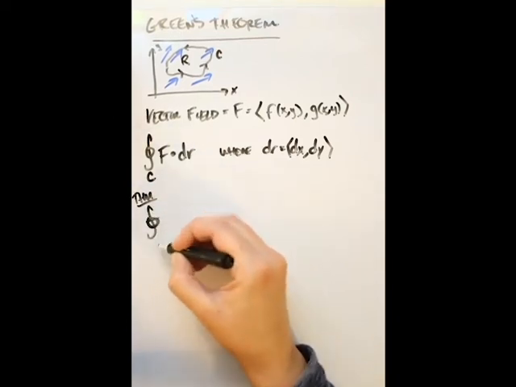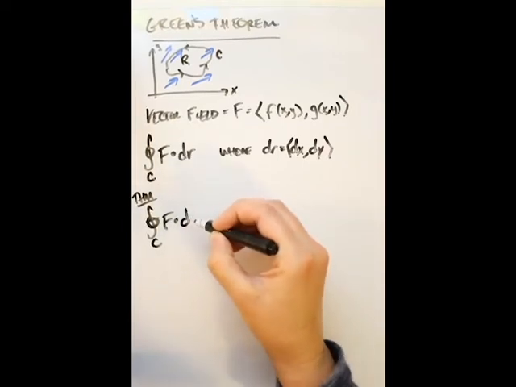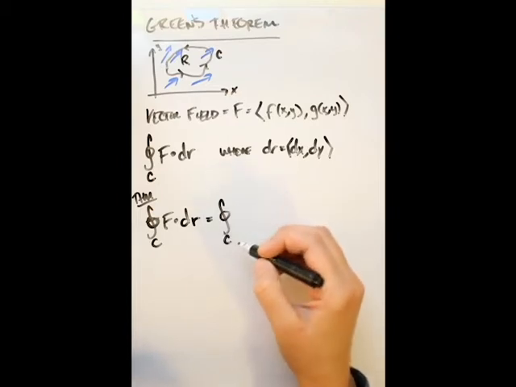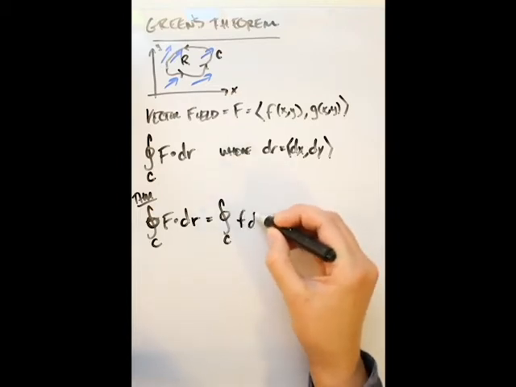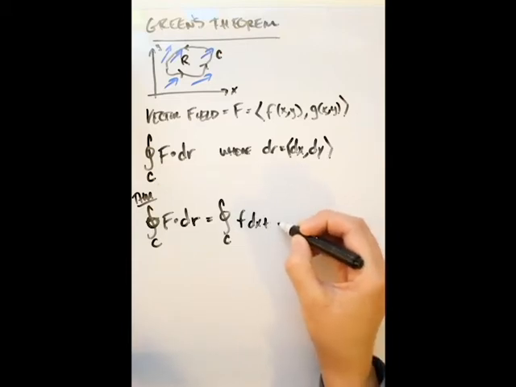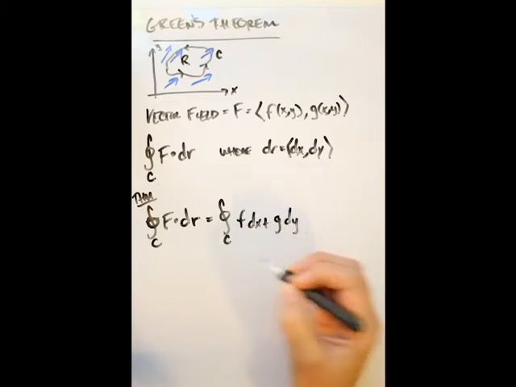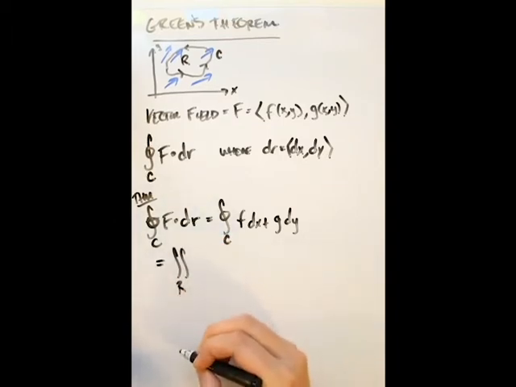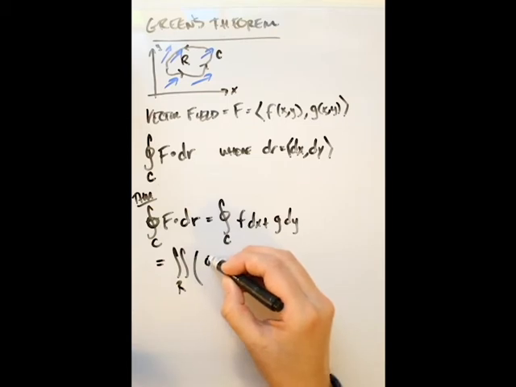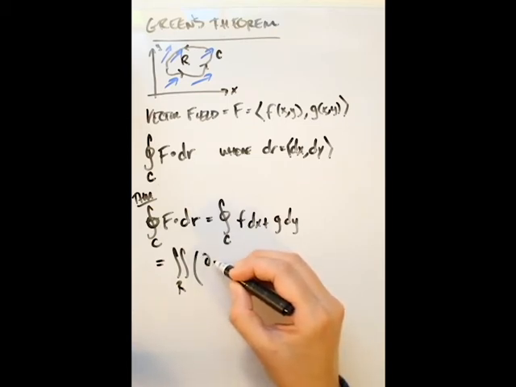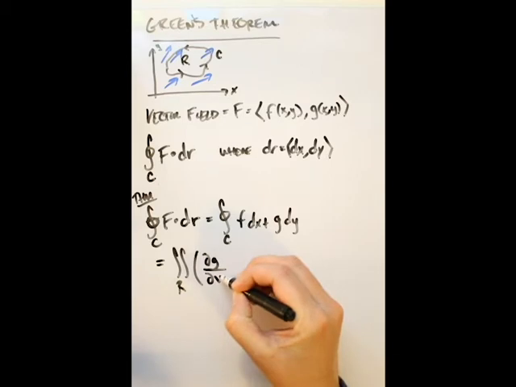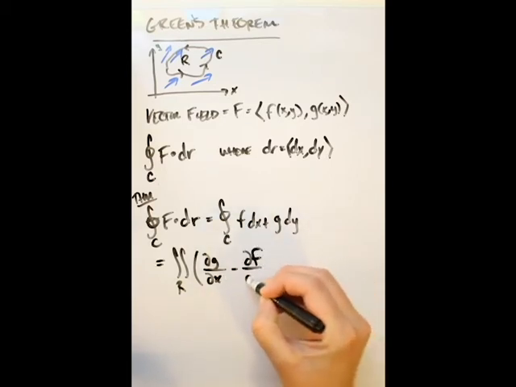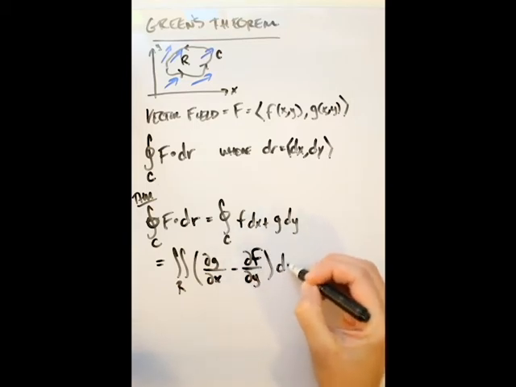The line integral of F dot dr is the same as the line integral over our closed curve C of little f dx plus little g dy, and Green's theorem says this is the same as the double integral over our region R of the partial derivative of g with respect to x minus the partial derivative of f with respect to y, dA.